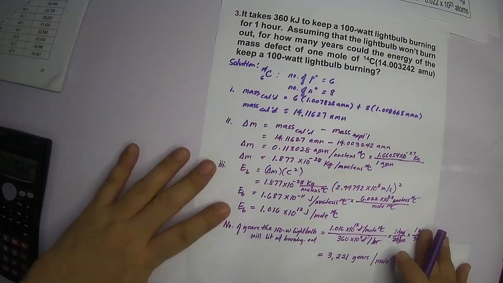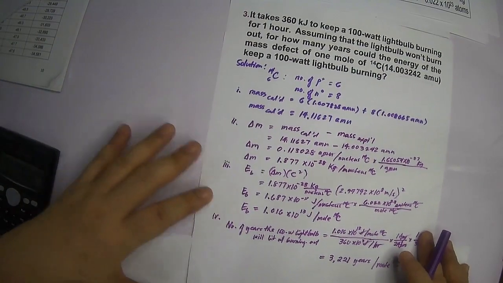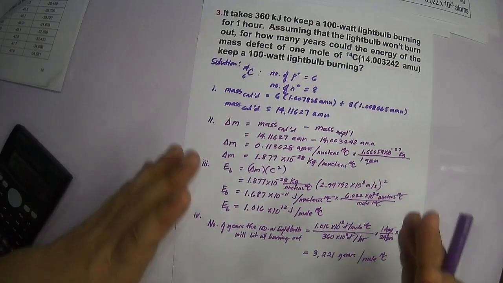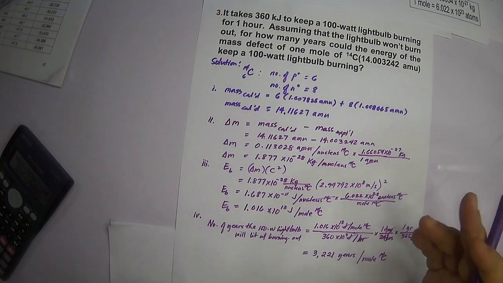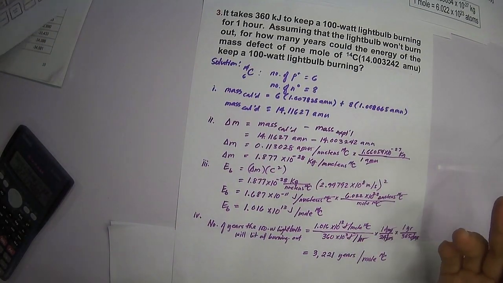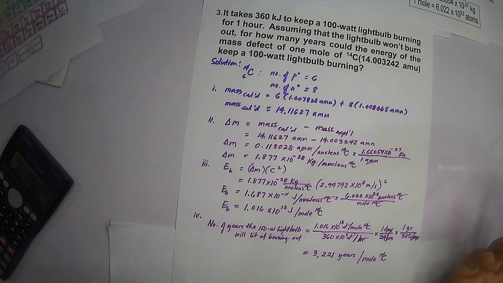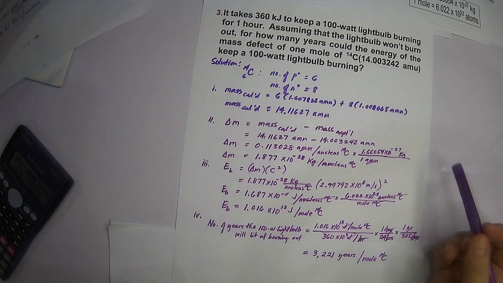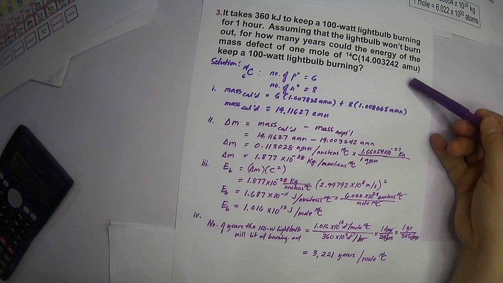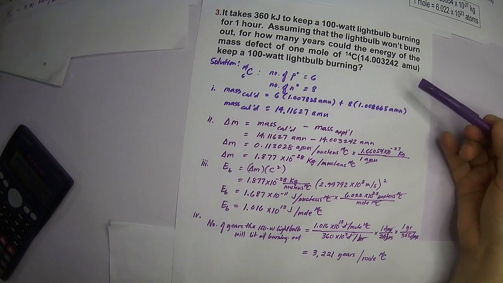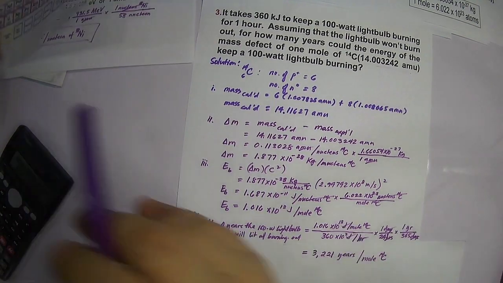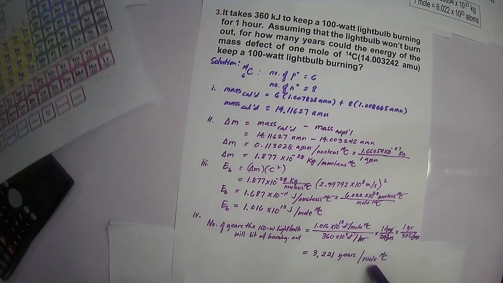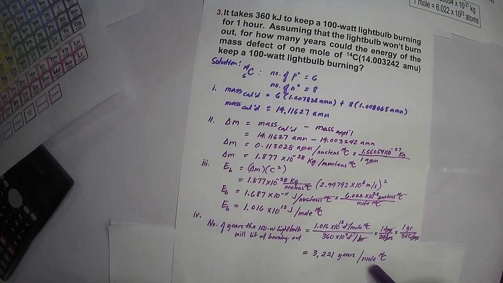From this example, we have seen that the amount of energy required to break apart a nucleus into its component nucleons is tremendous, enough to light a 100-watt light bulb for 3,221 years with just a mole of carbon 14.